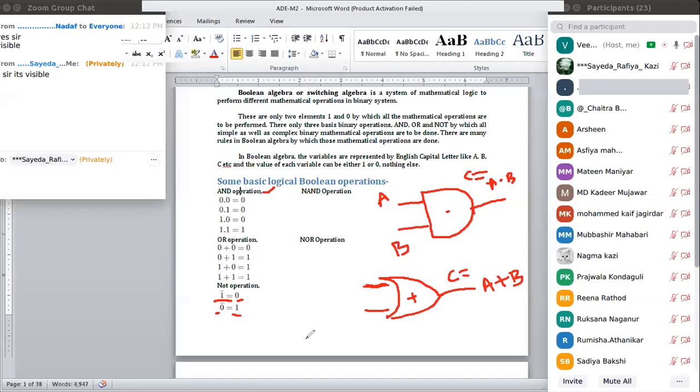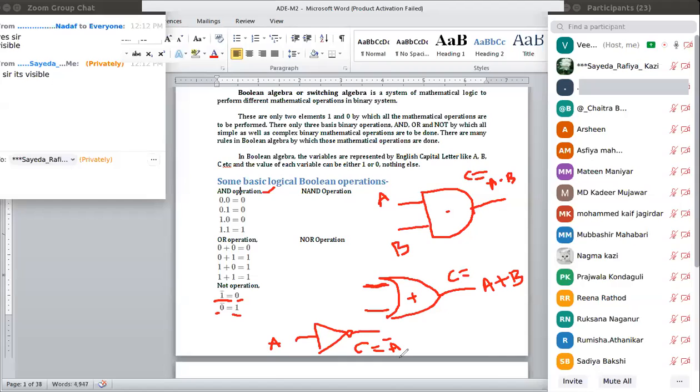And when I go for a NOT gate, there is only one input for the NOT gate, and there will be a bubble here, and then directly the output. The input is A and the output C equals A bar.